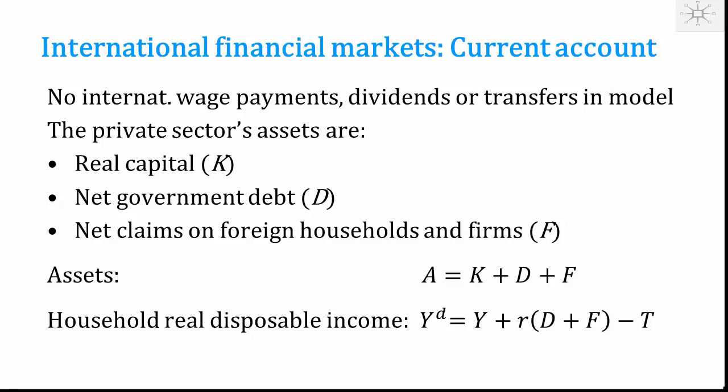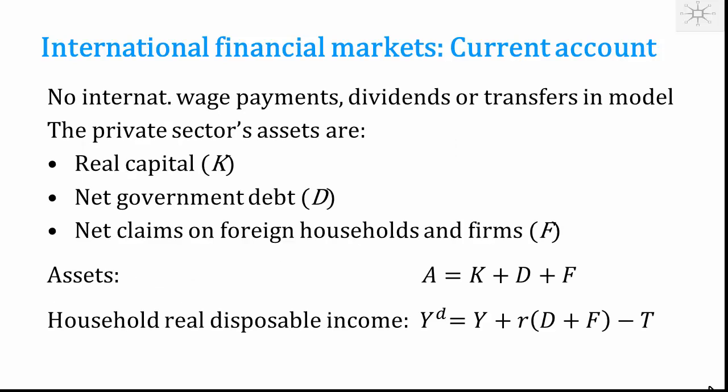So A is K plus D plus F, and if we assume, quite unrealistically, that the return on all assets is the same, then household disposable income is GDP, because households get the wage payments, the dividend payments, and the interest payments from the domestic firms, and then the households get interest on the government debt, and they also get interest on their net claims on foreign households and firms. And then they pay taxes to the government. So this is the disposable income of the household.